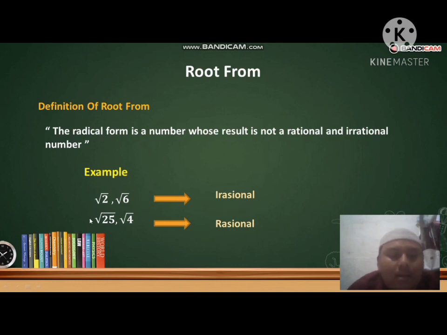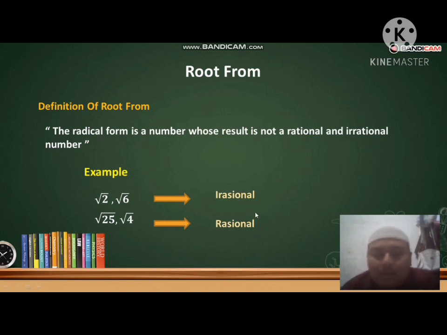And then the square root of 25 and the square root of 4 are rational numbers, because the decimal stops.